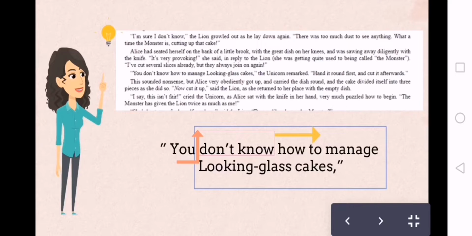And if we ask, don't know what, then we already know that this is the function of a direct object. Since this is a noun clause, the structure will be a WH clause, since "how" belongs to WH types of clauses.